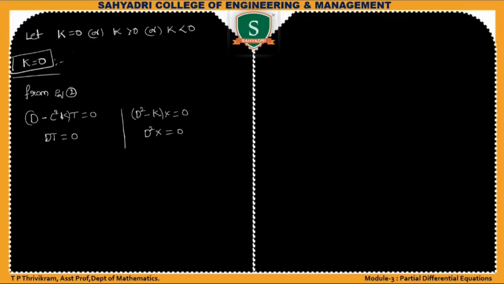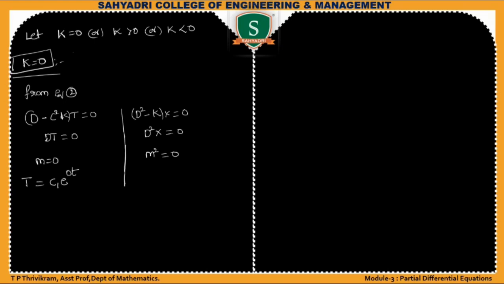If you write the auxiliary equation for this, what is it? m² equal to 0, so m equal to 0 is a solution, repeated. How to write the solution? t is equal to c1 e power 0t.